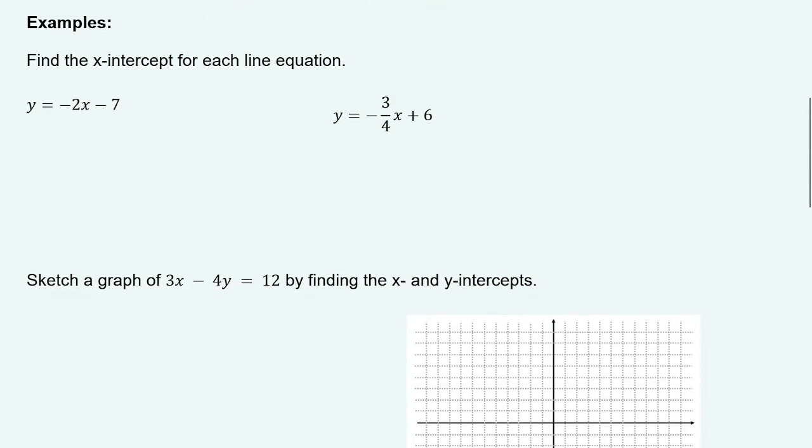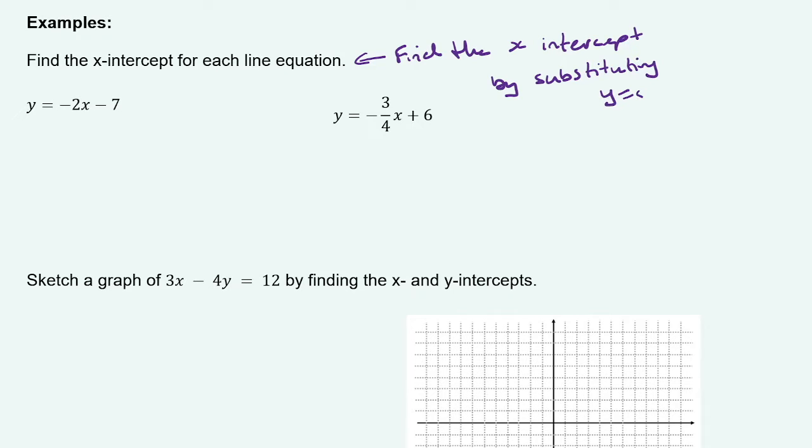So here we go. First example, find the x-intercept for each line equation. Remembering that we find the x-intercept by substituting y equals 0. So we want y to equal 0. Pretty simple stuff.